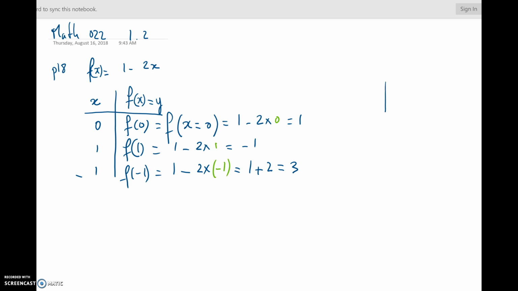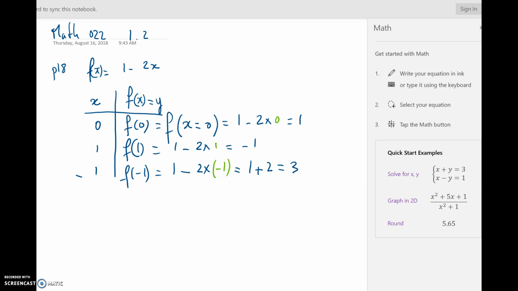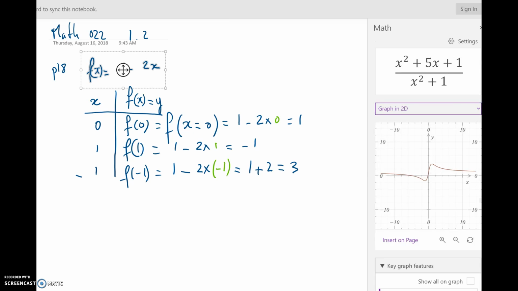I'm going to do it right here, and select the equation, number 2, and graph it.